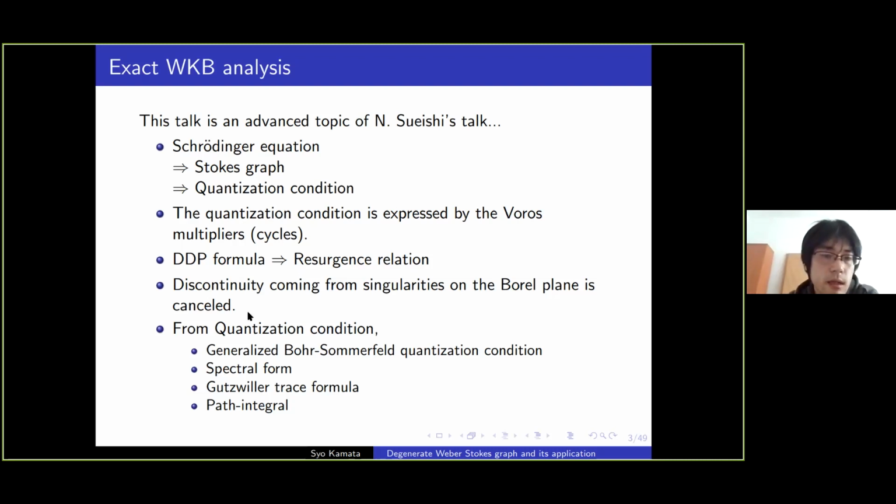From this quantization condition, we can also make expressions like the generalized Bohr-Sommerfeld quantization condition, the spectral form of the partition function, the Gutzwiller trace formula and path integrals, and it's also related to the Lefschetz thimble.